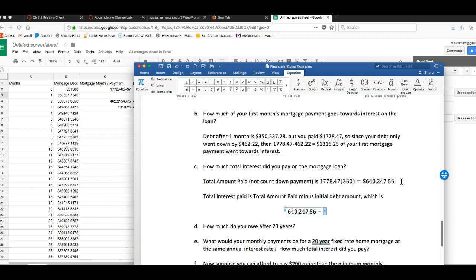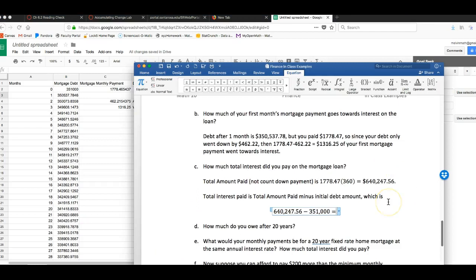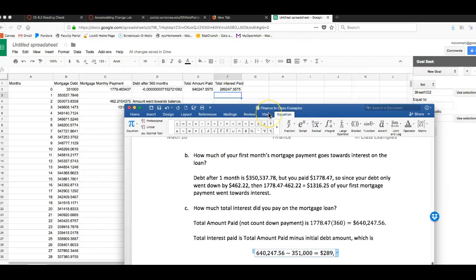And how much was the initial debt? $351,000. So this is going to be the total interest paid. Now just type equals your total amount paid minus your initial debt. And there we go. You paid $289,000 roughly in interest, and 56 cents.